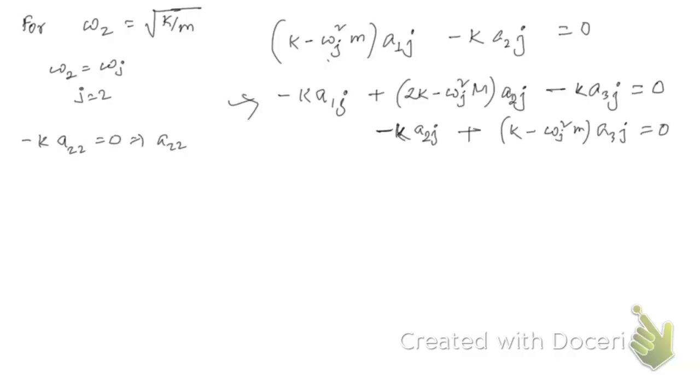So if it is 0, then we can write a22 is equal to 0, right? Similarly, from these two equations, if we put the value of omega 2, we're gonna have equations of this form. Let me show you.